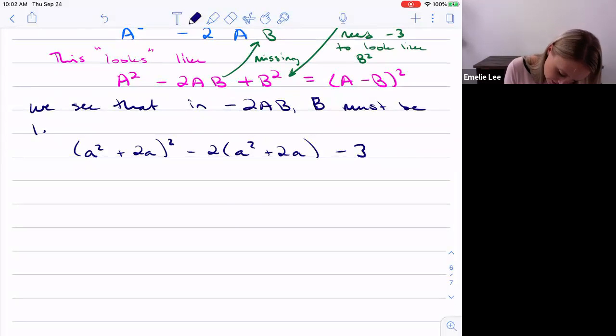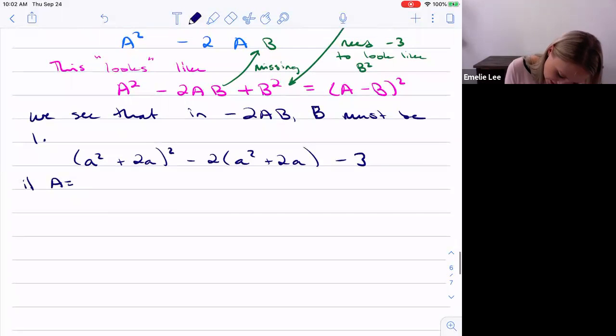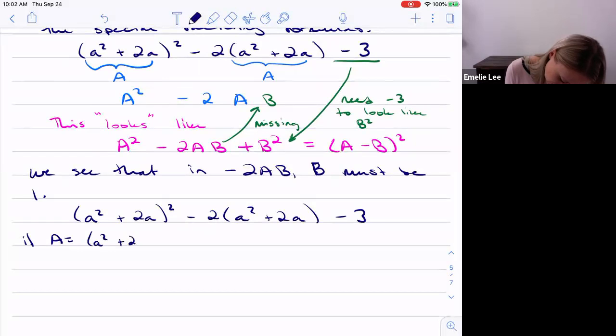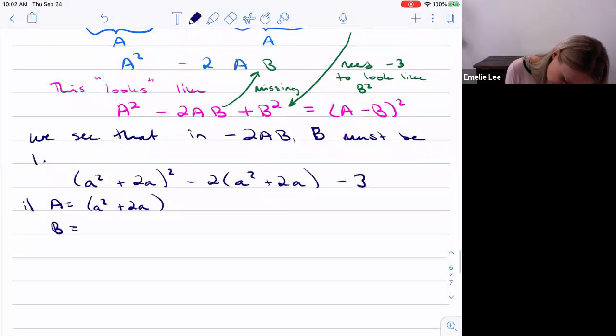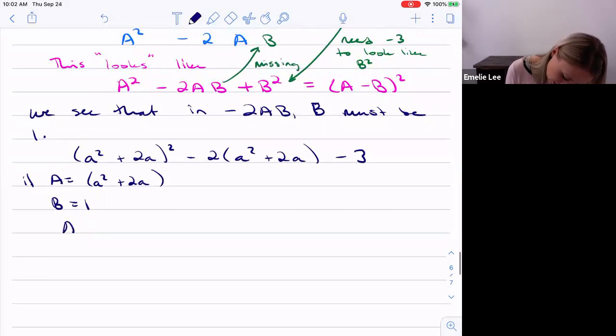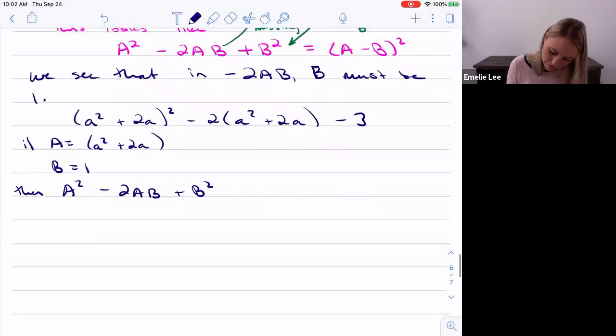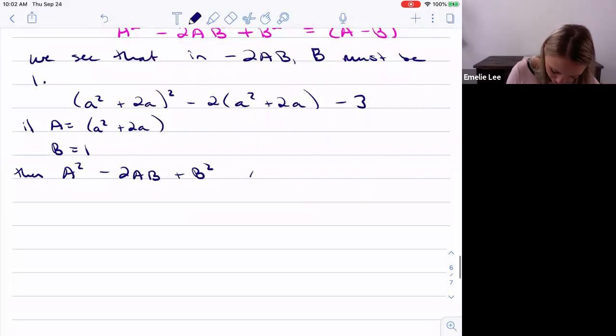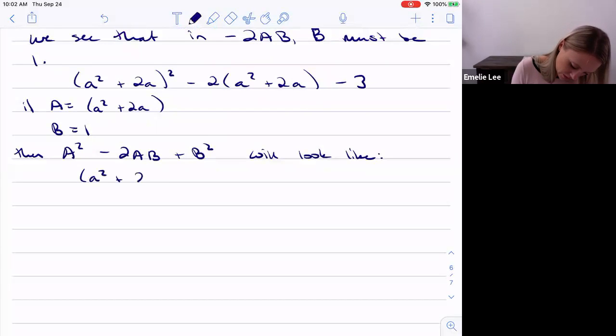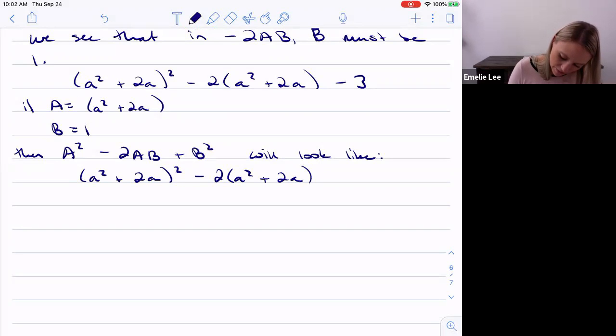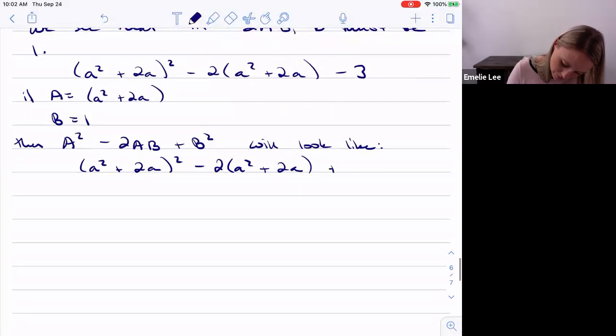If a is a squared plus 2a and b is 1, then a squared minus 2ab plus b squared will look like a squared plus 2a squared minus 2 times a squared plus 2a times 1 plus 1 squared.